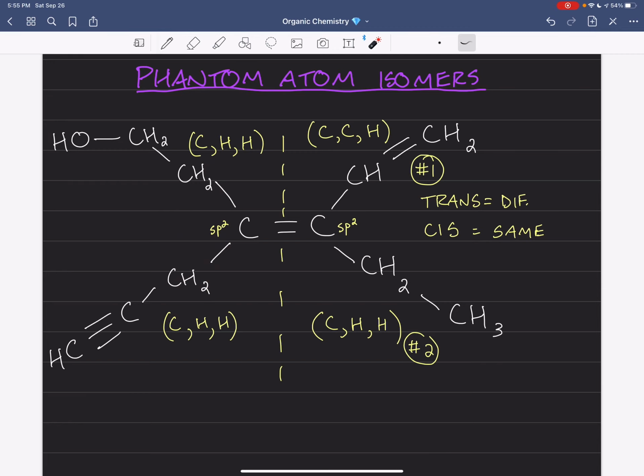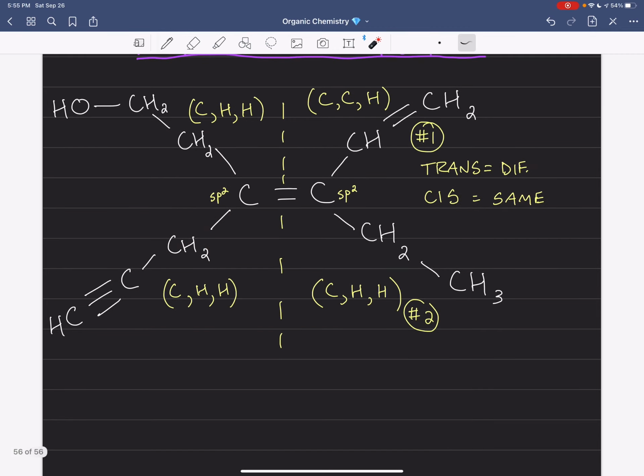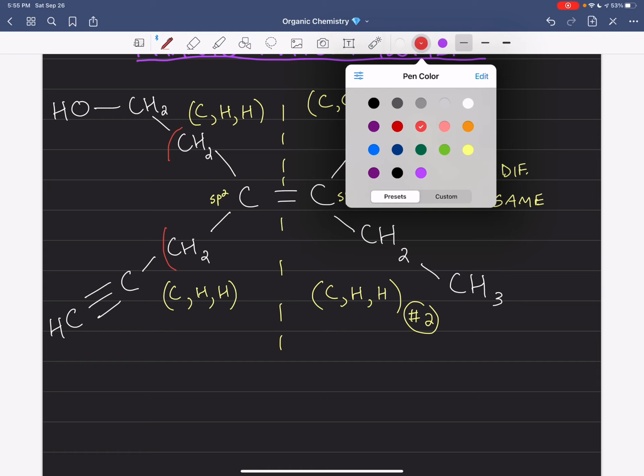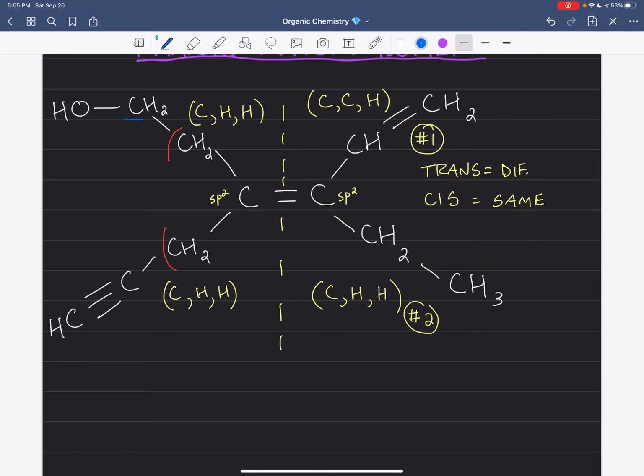So we need to go to the next carbon, okay? So we're going to forget about the carbon we just looked at. This one's kind of out of the running. And we're going to look at the next carbon. We're going to look at this one and this one, okay?